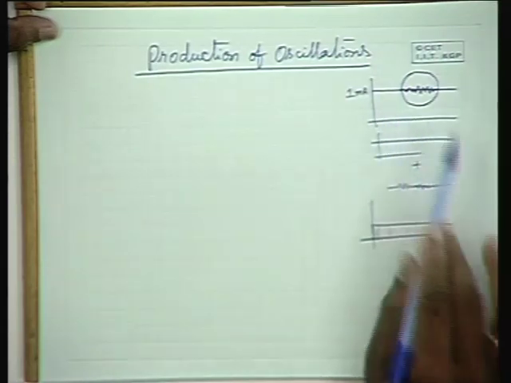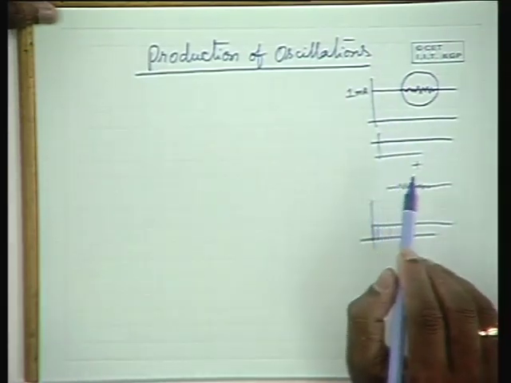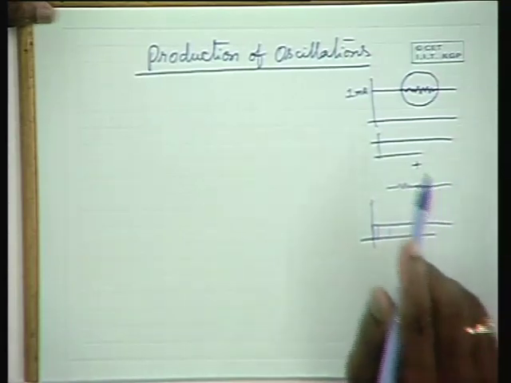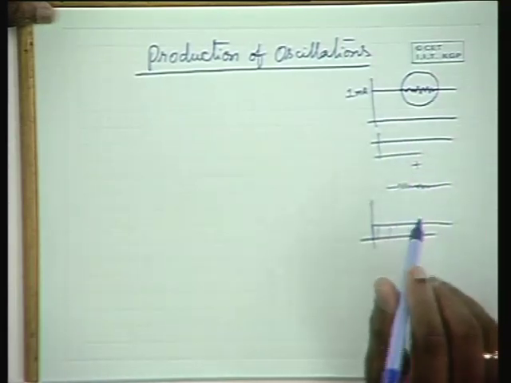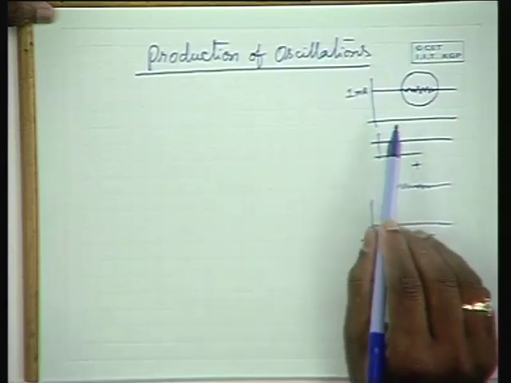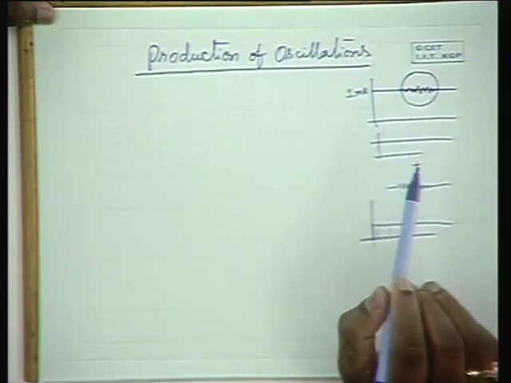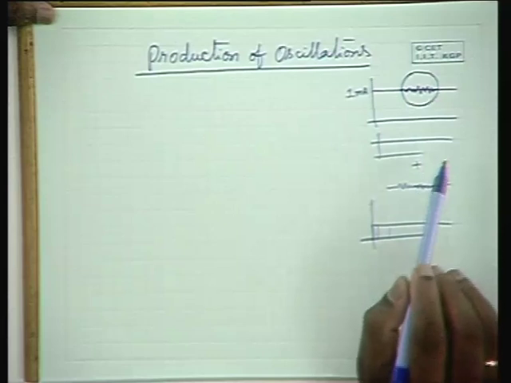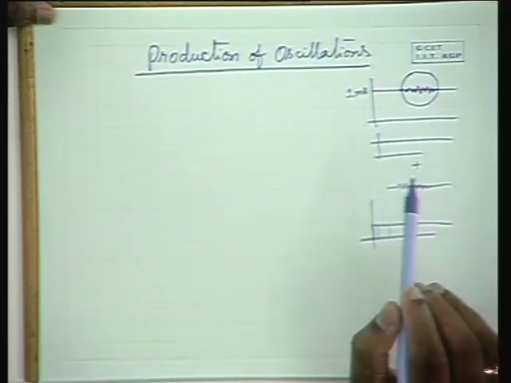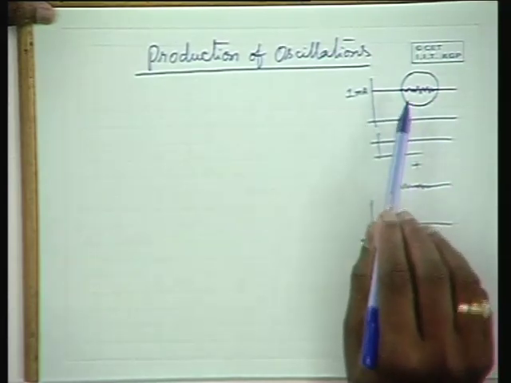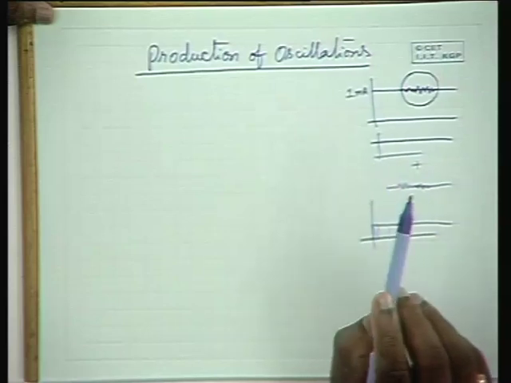Since noise is present in amplifiers, although it is very small, please note that the oscillations you require, moderately high voltage oscillations, are already present in an amplifier itself.